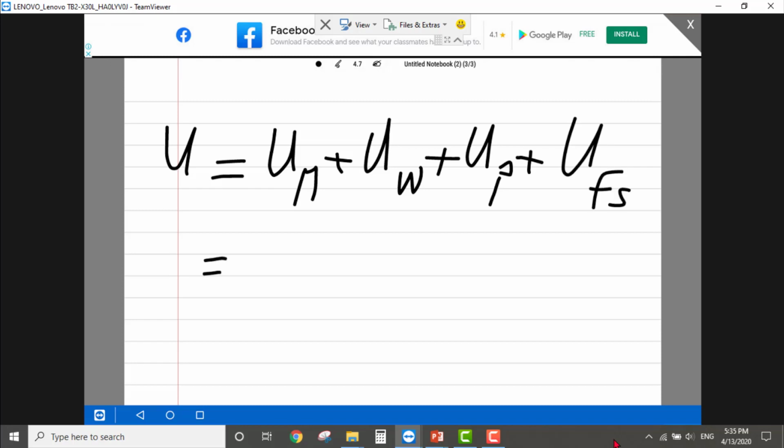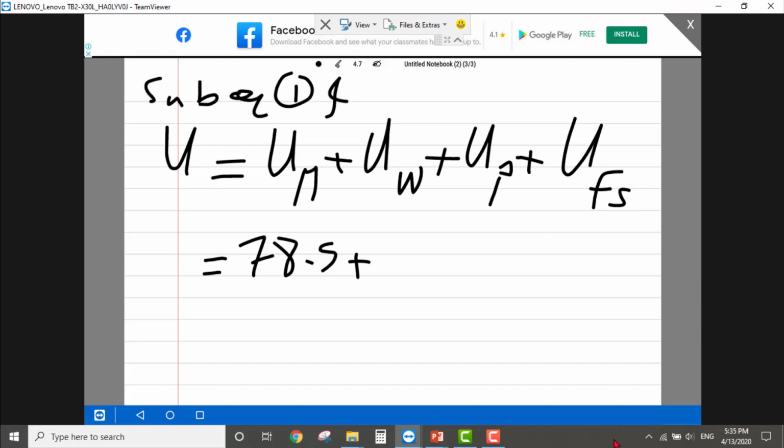Work due to moment equals 78.5 plus, and here you substitute equations 1, 2, 3, and 4 into the following equation.